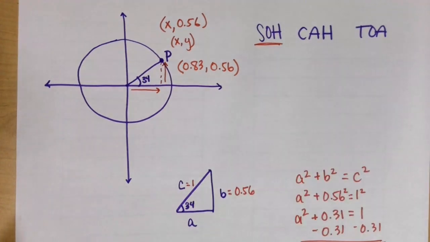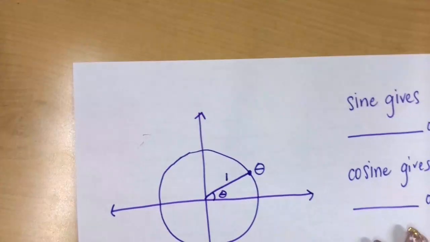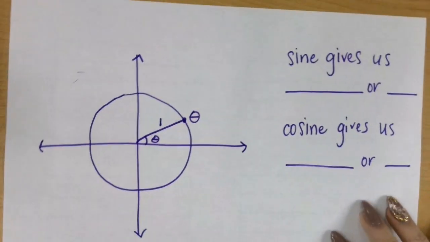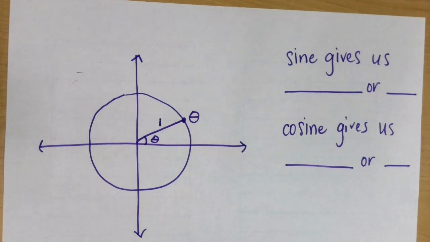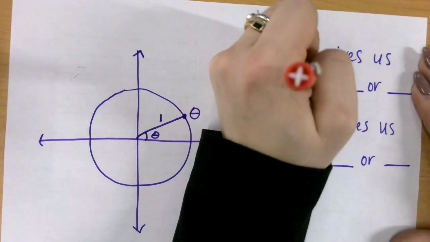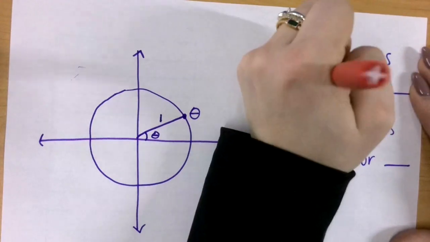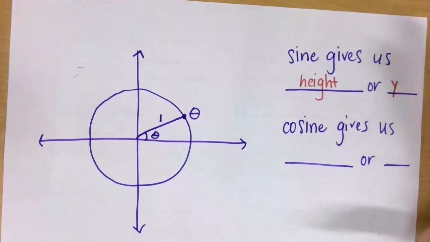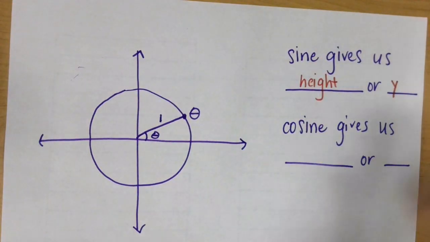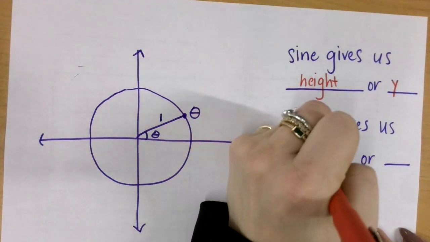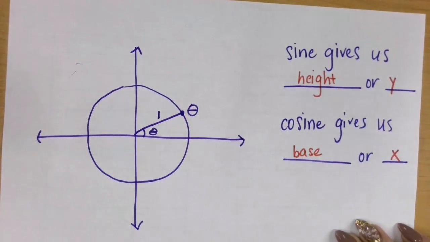So this being said, all right, we can take a look at a general unit circle, which I have here. So something to keep in mind, remember sine gives us our height, or our y coordinate. Cosine gives us our base, or our x coordinate.